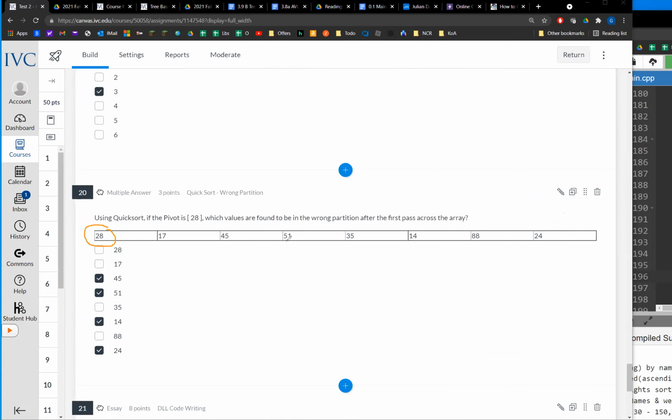Candidate value. Oh, this is the swapping one, right? So 20 is the pivot. So we start on the left-hand side, look at 17 and we say, we're good. Find 45, say that's not good. Let's jump to the right side, 24, not good. So swap.